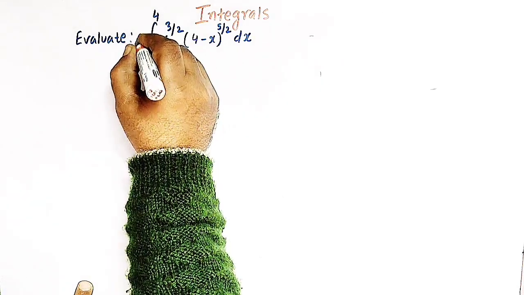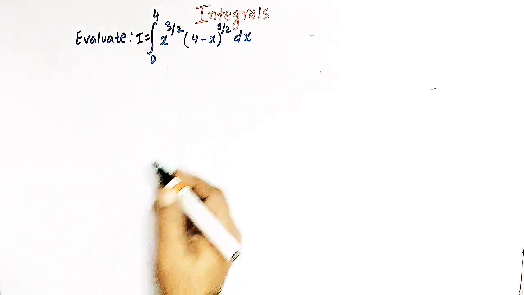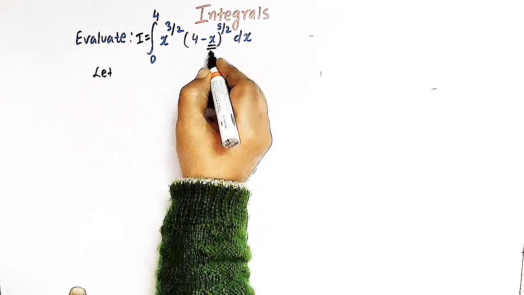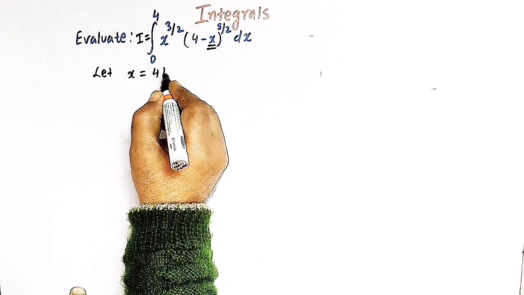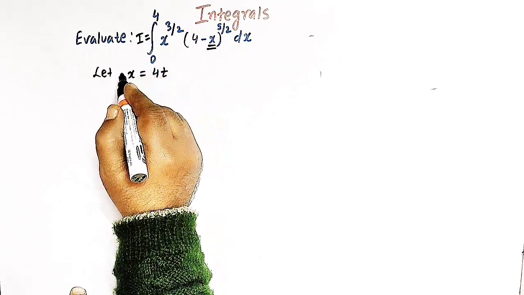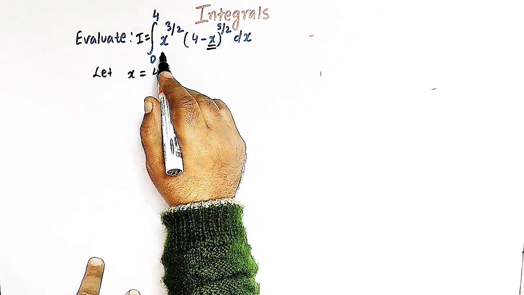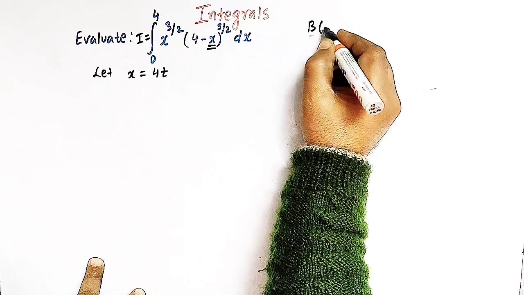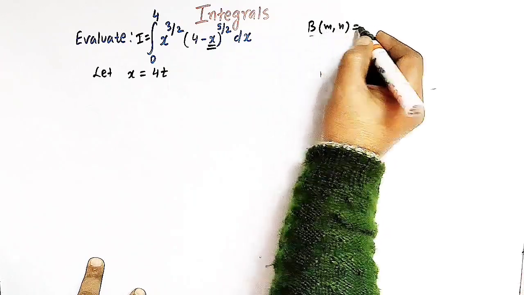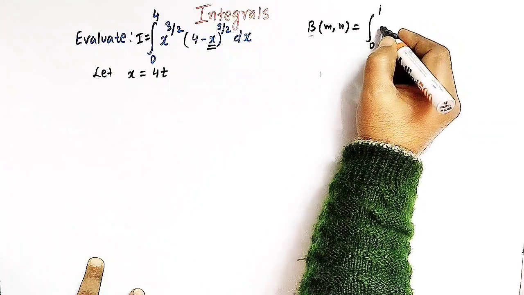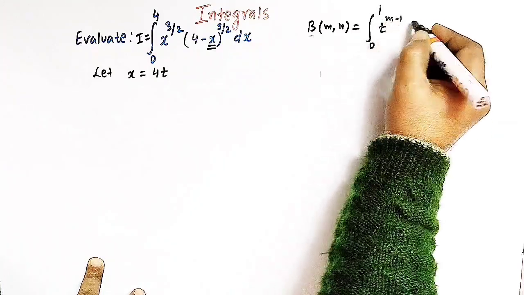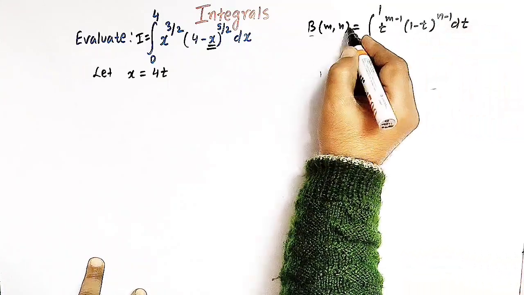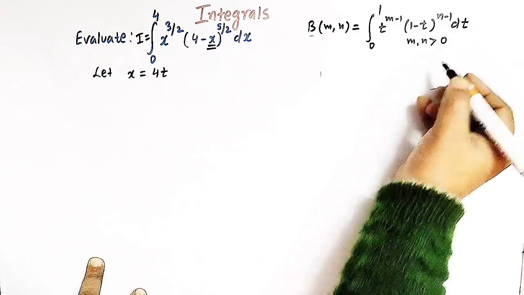So let us first call this integral I, and here we'll make the substitution x is equal to 4 times t. We are using this substitution because we wish to convert this integral into the beta function form, that is beta m comma n, which is the integral from 0 to 1 of t raised to m minus 1 times 1 minus t raised to n minus 1 dt, where m and n are greater than 0.